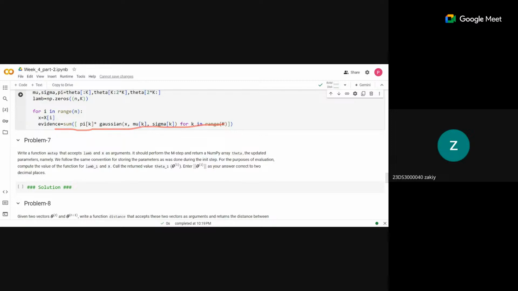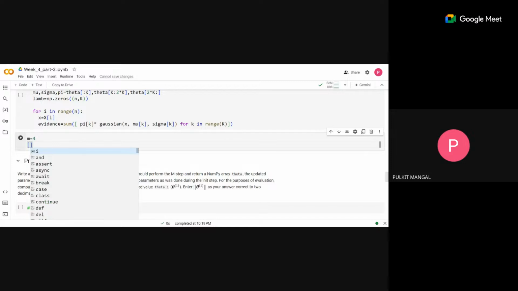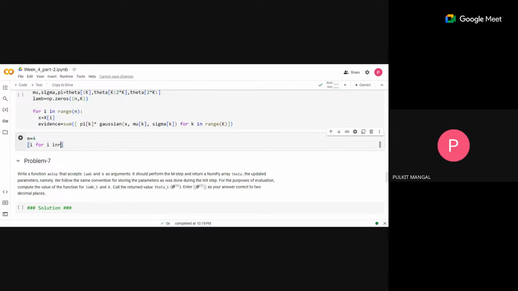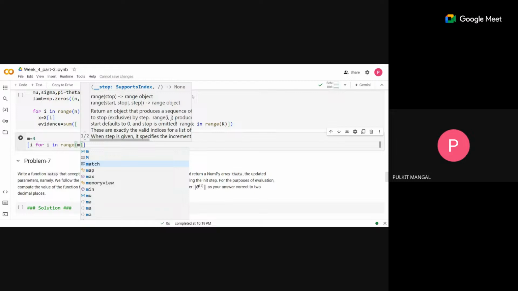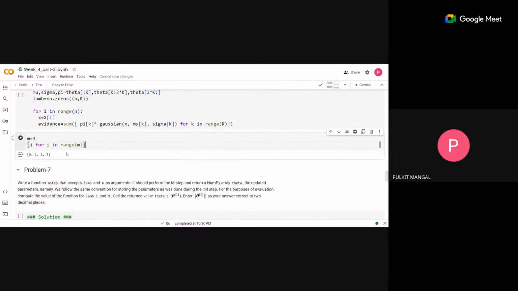Sir, can you run that without the sum? I just want to see that. Okay, run. Maybe we can take some example. So let's define M equal to 5 or 4, and second, I for I in range M. 0, 1, 2, 3.